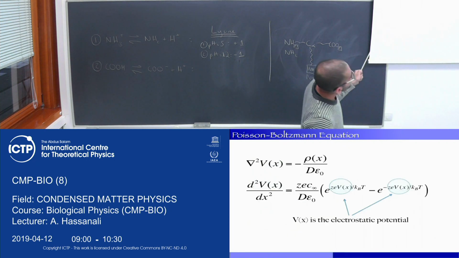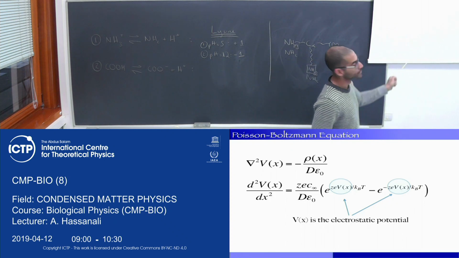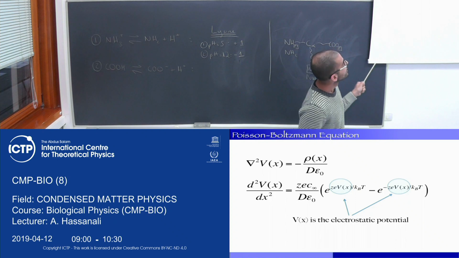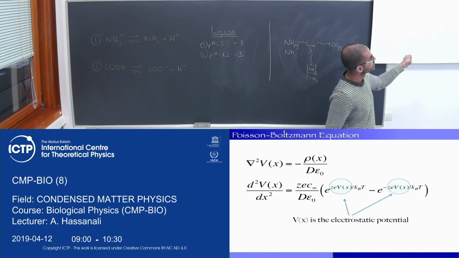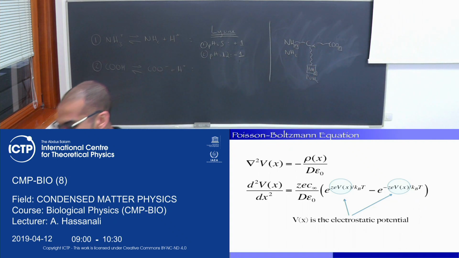If I plug this in now, I have a second order differential equation in terms of the potential V and the charge density. So in principle, I could numerically solve this type of an object.